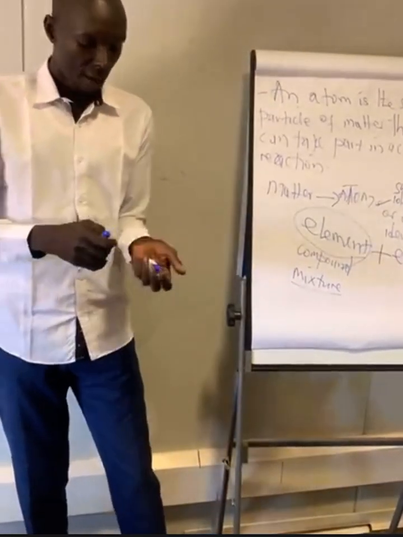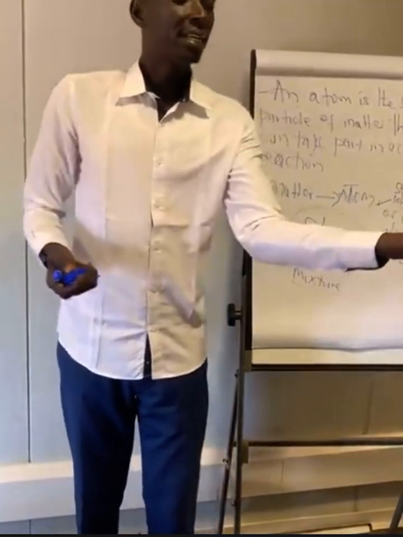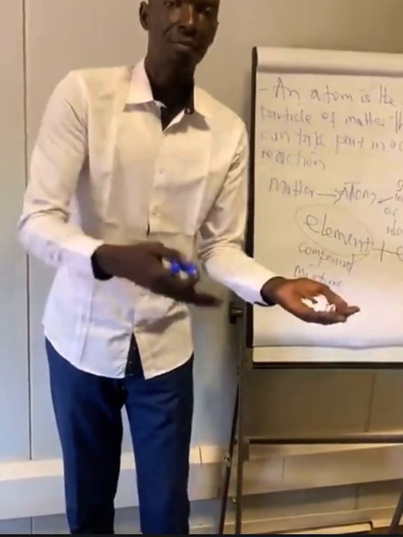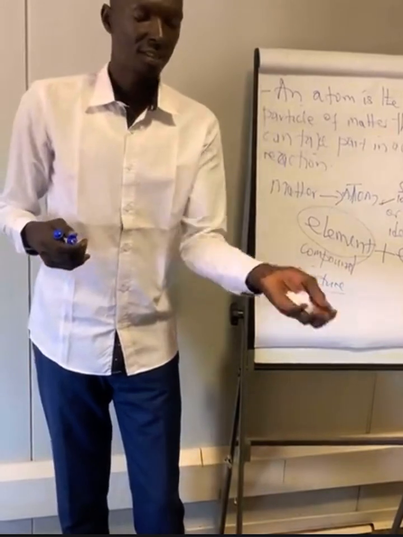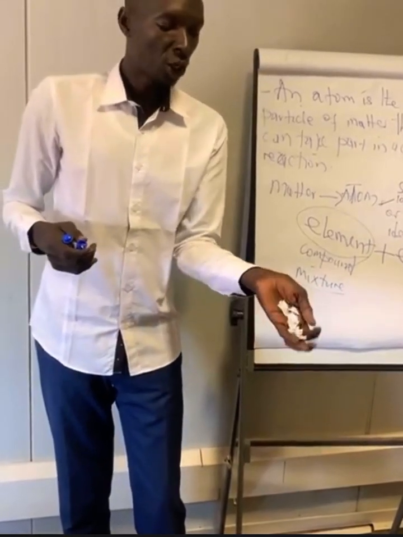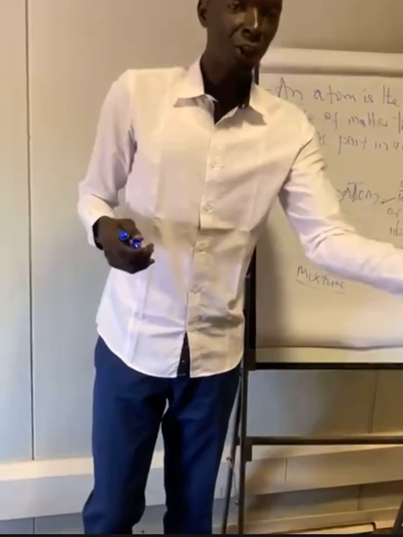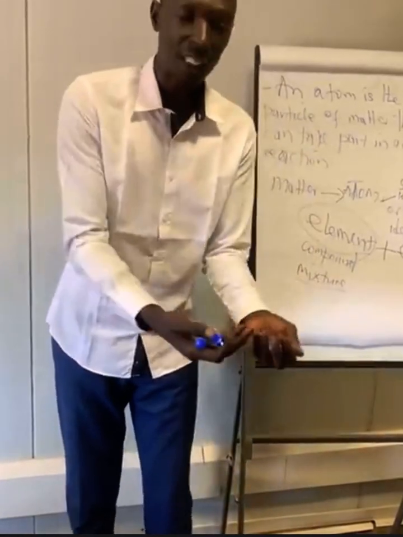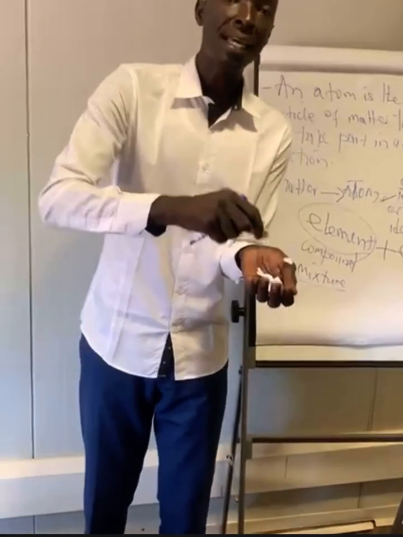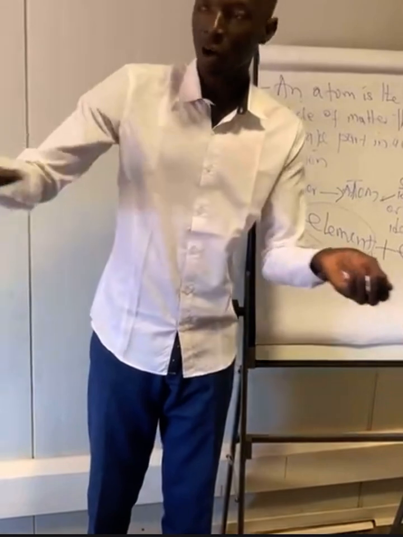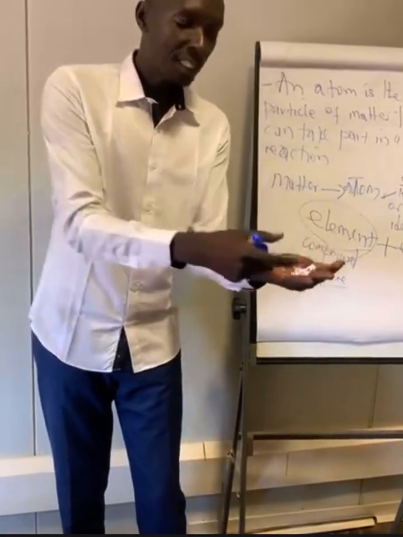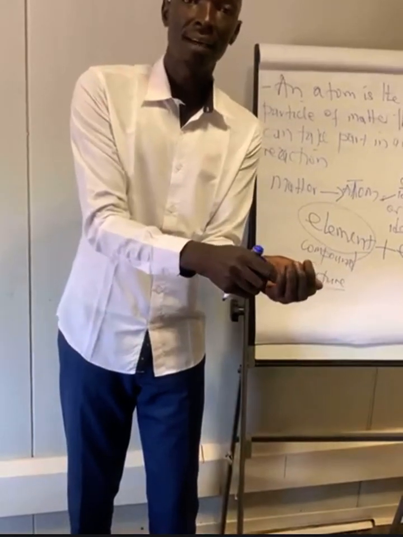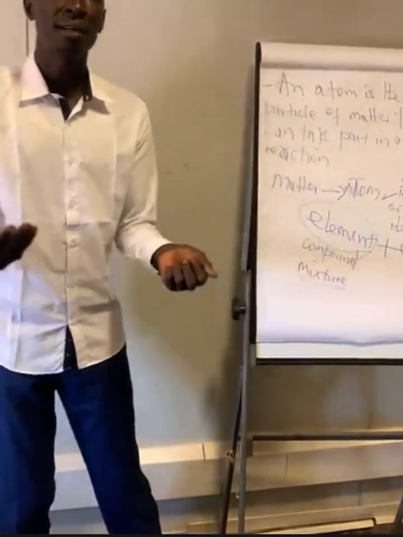For example, those are the pieces I got as a result of breaking down a paper into smaller pieces. If I drop them down into the sand, into the soil, I will be able to pick these pieces from the soil. So a mixture of pieces of paper and soil is what we call a mixture.